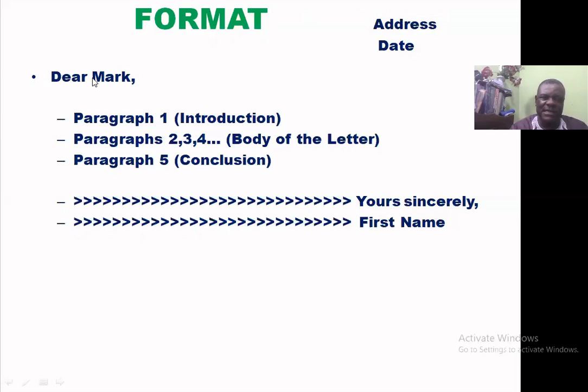Don't leave a space before writing Dear, but put it right on the margin. After Dear Mark, or Dear whatever, depending on the person you are writing to, then of course you put a comma here. Don't forget to put a comma.